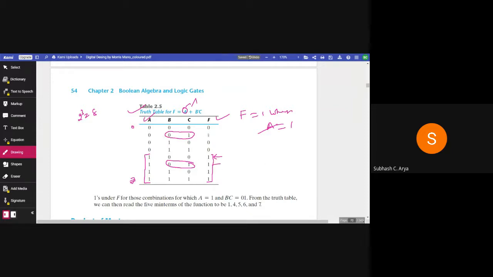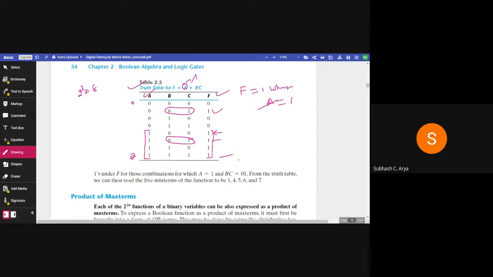Only we have to put now 1, F is equal to 1 when B bar C is there. After looking at that, it is easy to write the expression. So you can write F is equal to A bar B bar C, A B bar C bar, A B bar C, A B C bar, A B C. Okay, got it?